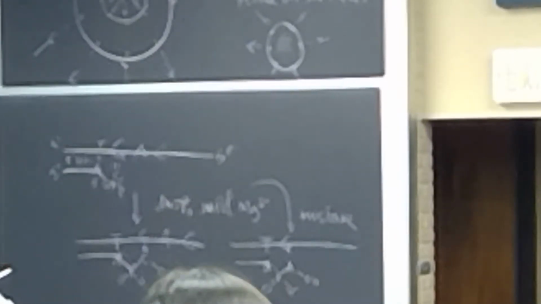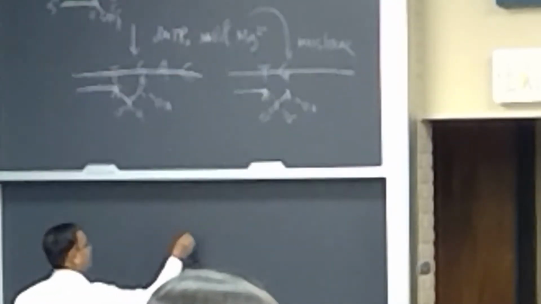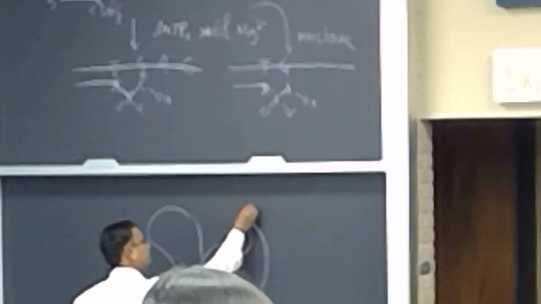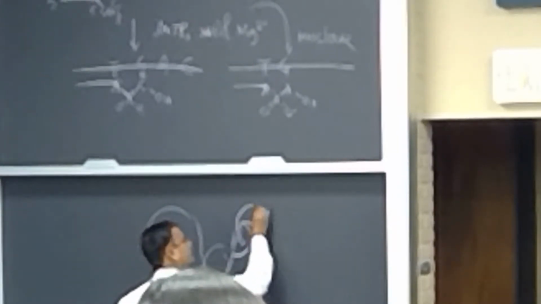So you have a polymerase. It has like a hand, a palm. It has three different regions: palm and finger region. So there is the active site. Also there is the dNTP binding site.